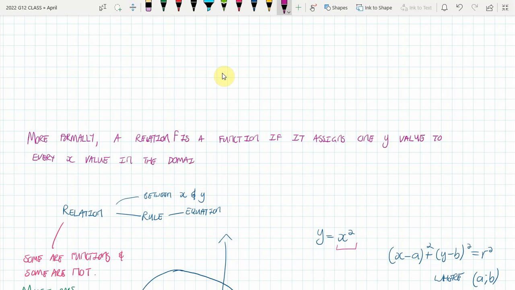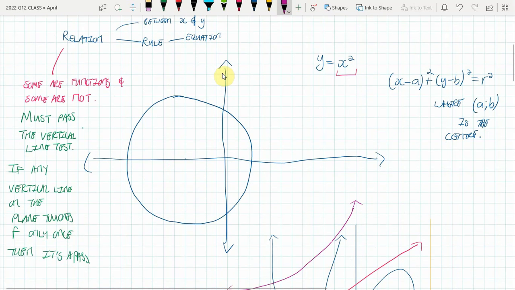Now, please process this statement fully. We say a relation is a function if every x value in the domain of f has only one y value. When it comes to the circle, some x values correspond with two y values.